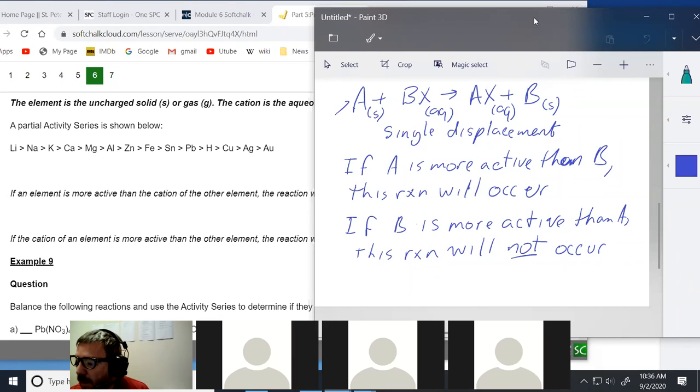Now, what is A and B? A is a solid. I call that neutral. Now, B is a cation, and it's going to be aqueous.